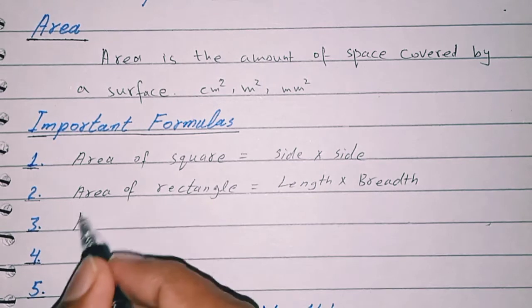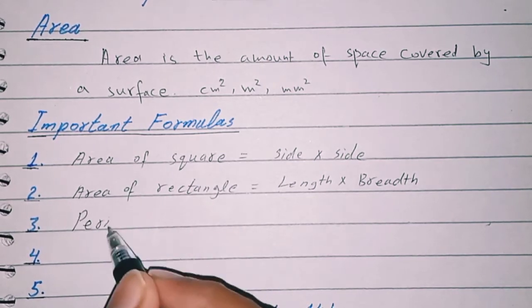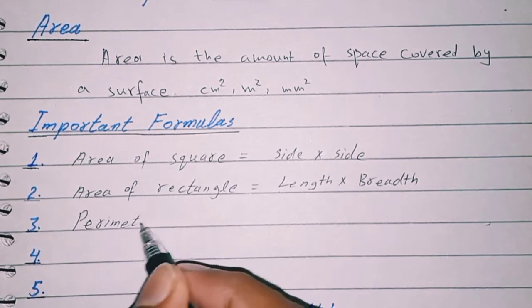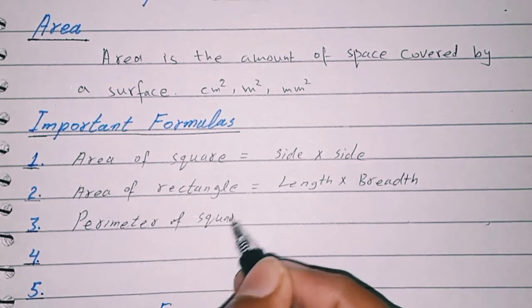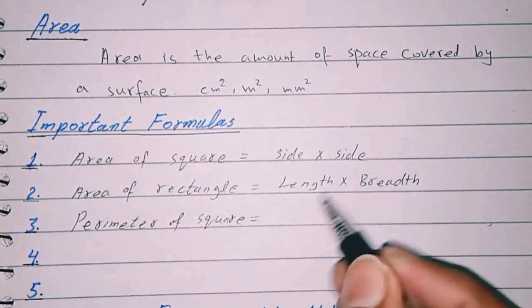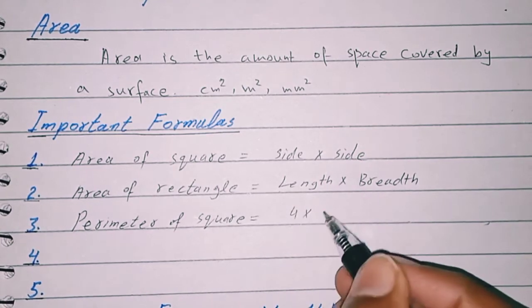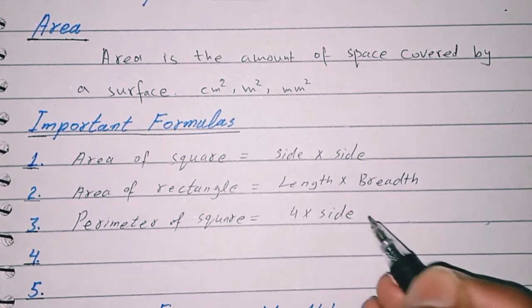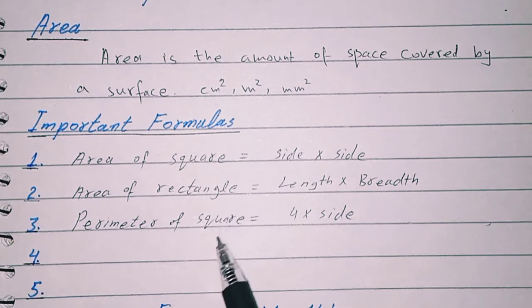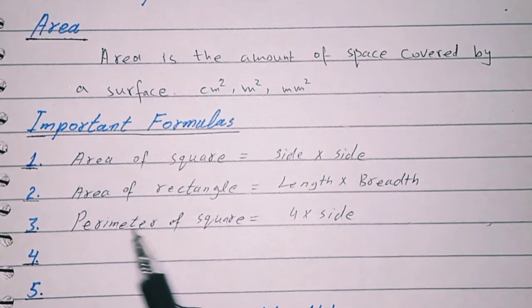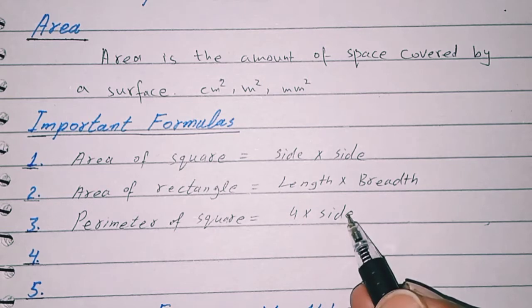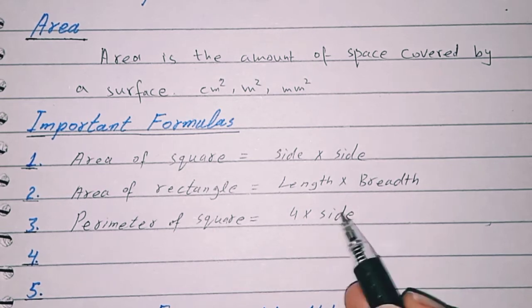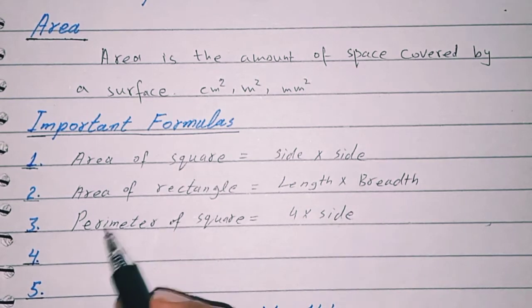Next one is perimeter. Perimeter of square is equal to 4 multiply side. Meaning to say, total length. Total length of square is perimeter. So if we multiply 4 with any side, because all sides are the same, that will be equal to perimeter of square.